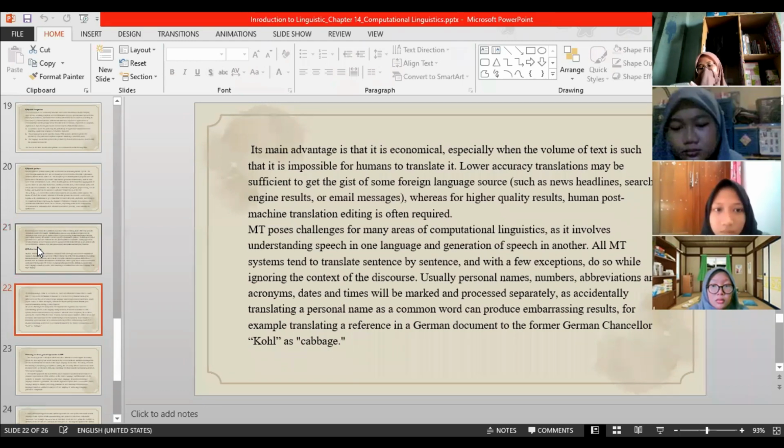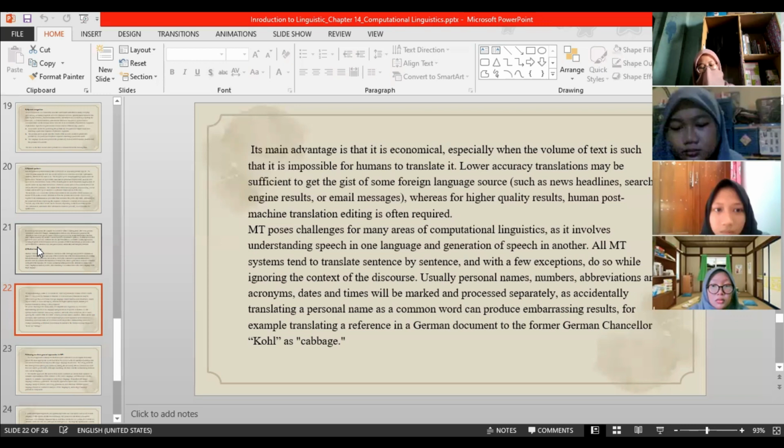Its main advantage is that it is economical, especially when the volume of text is such that it is impossible for humans to translate it. Lower accuracy translations may be sufficient to get the gist of some language, such as news headline search engine results or email messages, whereas for higher quality results, human post-machine translation editing is often required.